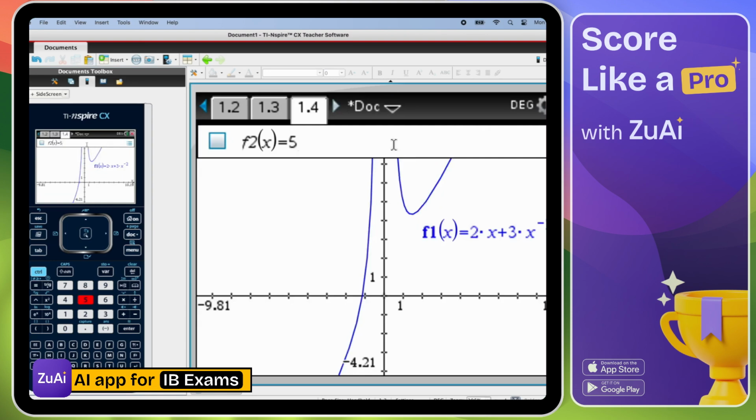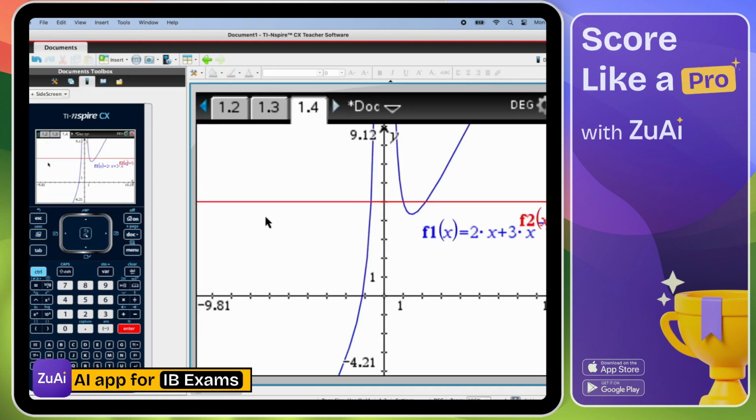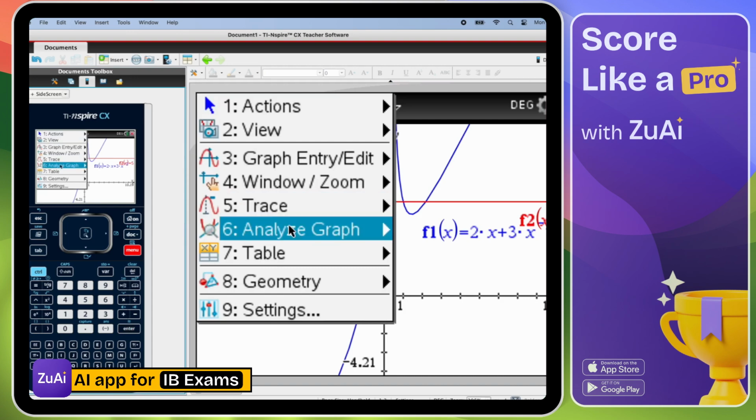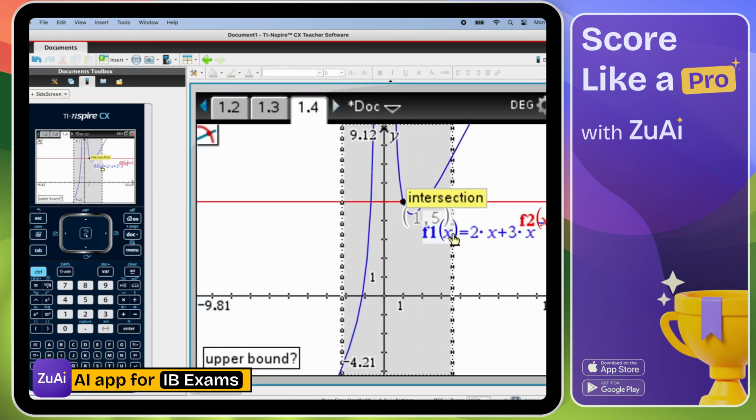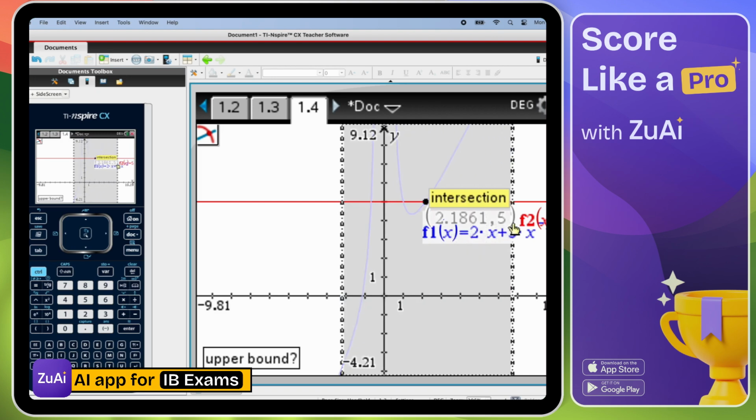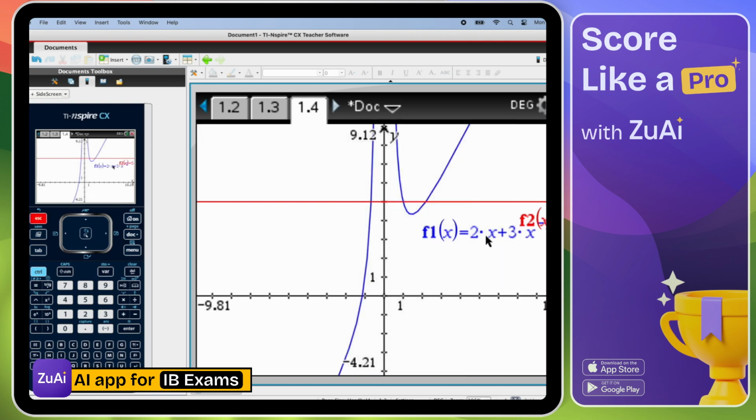So let's graph another function. And we know that there are 1, 2, and then 3 different points in which we have a slope of 5. Or we can say 3 different times in which 2x + 3x^-2 is equal to 5.